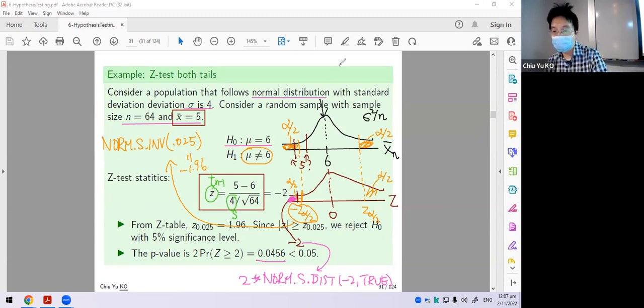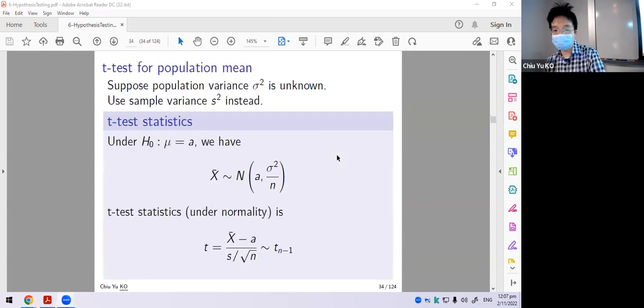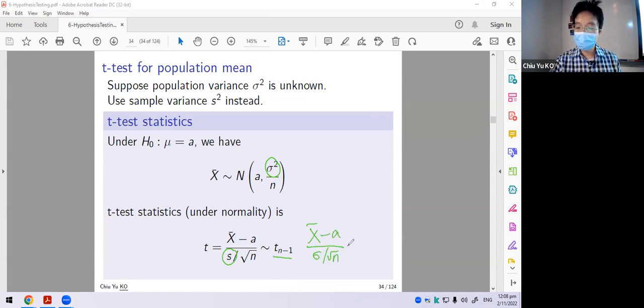The reason why we can do this is because of the idea of the T. T actually means that we don't know the sigma, and then this will be T with n-1. Because if you know it, then this is the Z. But if you don't know, then it's n-1.